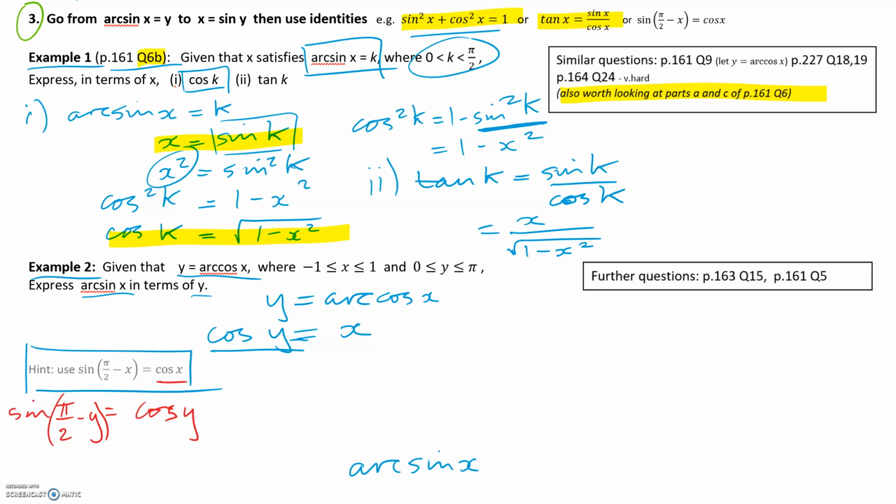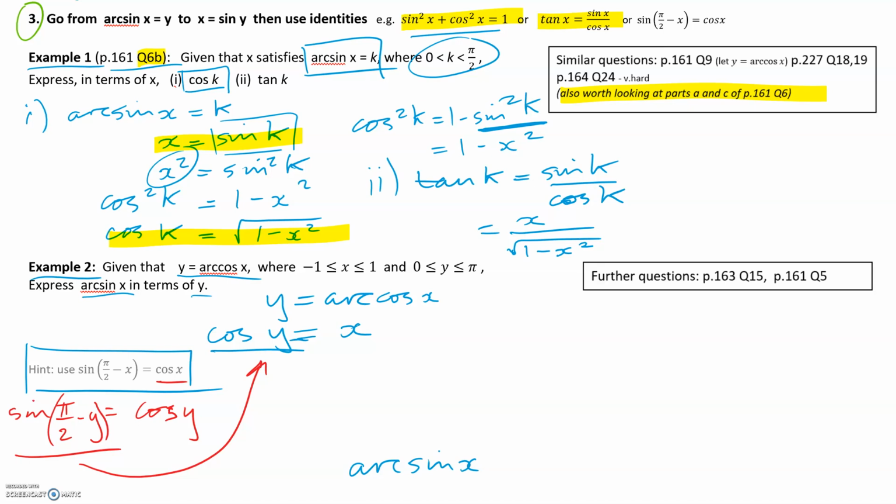That just comes from the properties of the graphs of sine and cos. The sine graph is the same as the cos graph translated pi over 2 in the x direction. So that means we can replace this cos y with sine of pi over 2 minus y. So let's do that then.